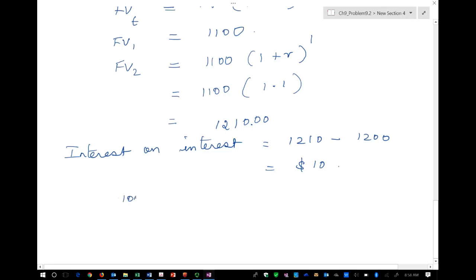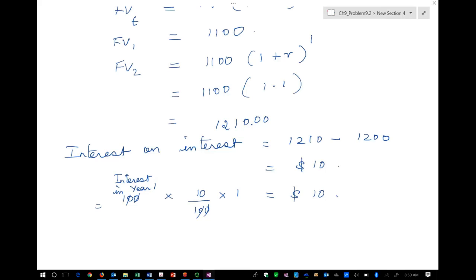It is nothing but the interest on the $100 interest that I received in year 1, for a 1 year period. So, if I calculate this, I get $10. That is the interest on interest that you earn in 1 year.